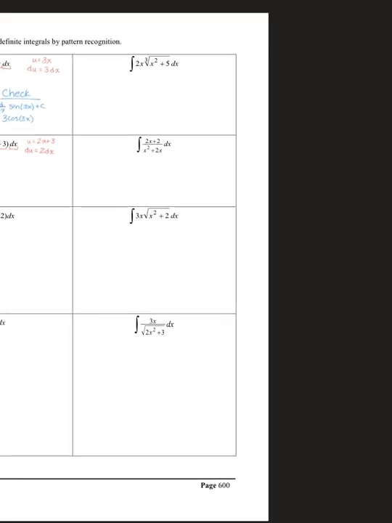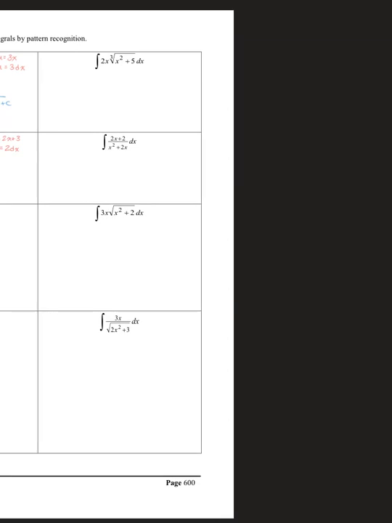I'm going to switch over here and go through a couple of these. So this first one here, this is 2x and then the cube root of x squared plus 5. This is not 2x cubed. I know it kind of looks like it. So look for your inside function.